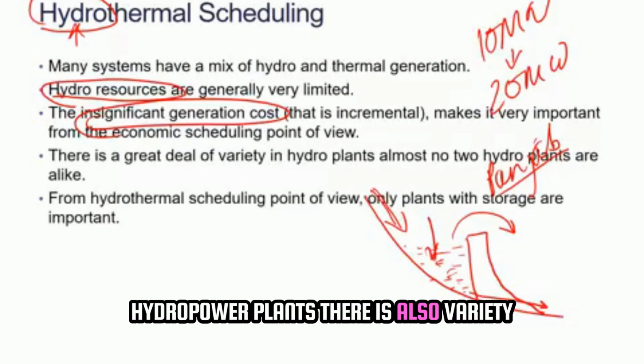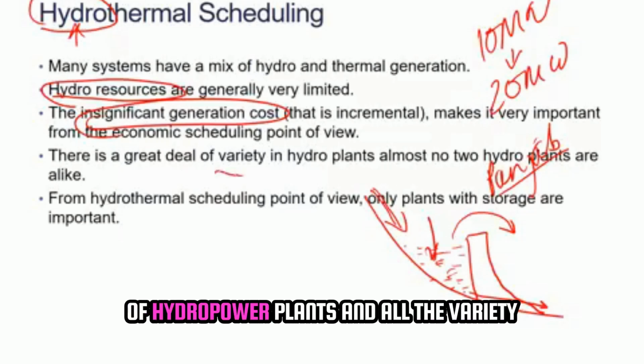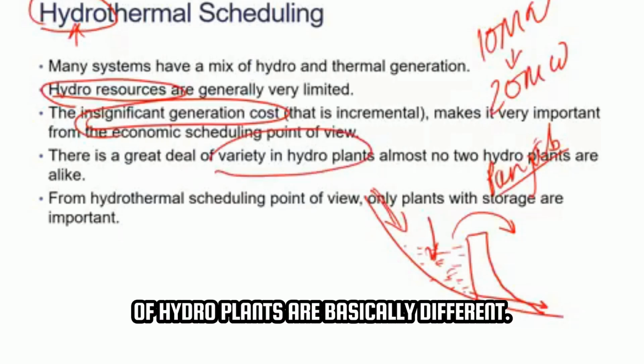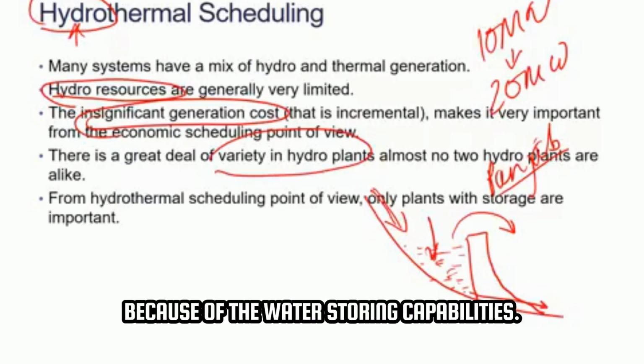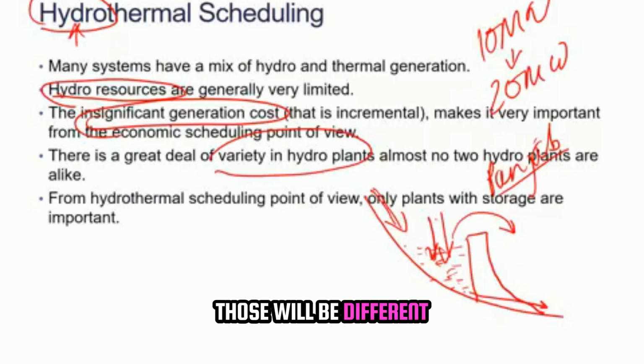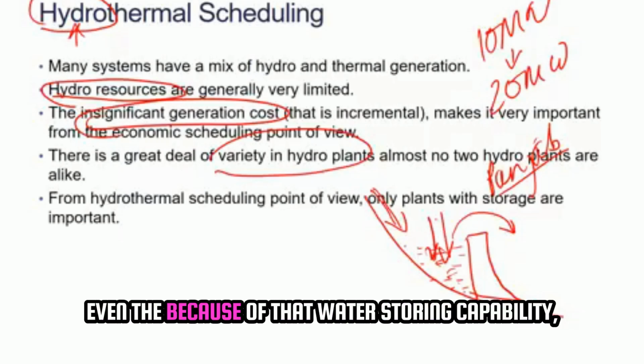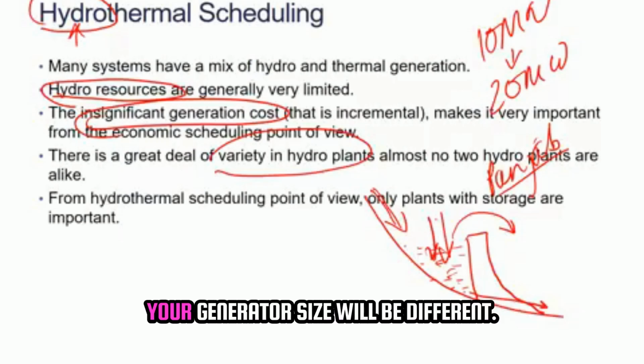There is also a variety of hydropower plants, and all the varieties of hydro plants are basically different. You cannot say that two power plants are identical because of the water storing capabilities. Those will be different for every hydropower plant. Even because of that water storing capability, your generator size will be different.